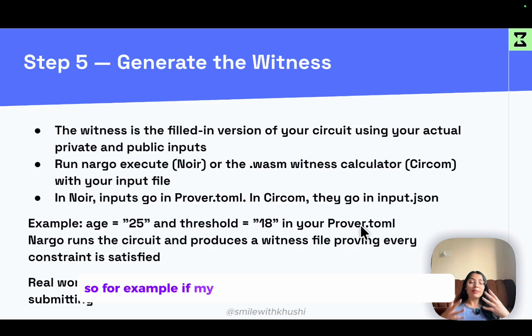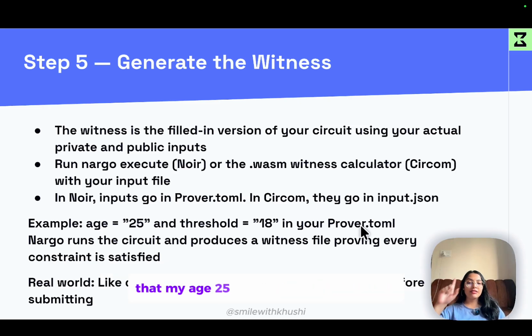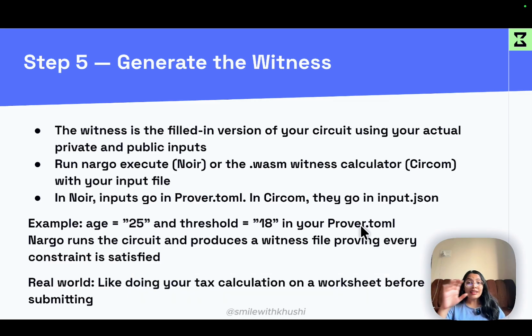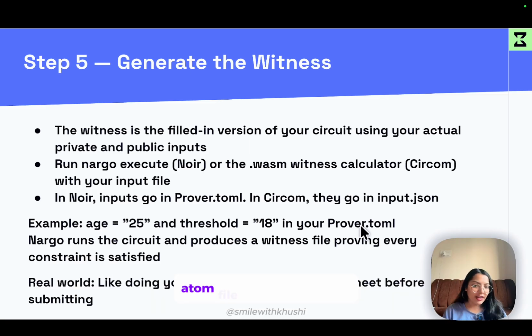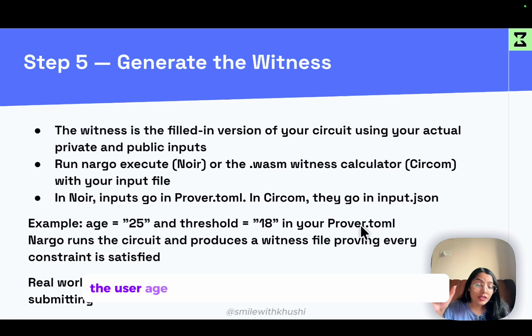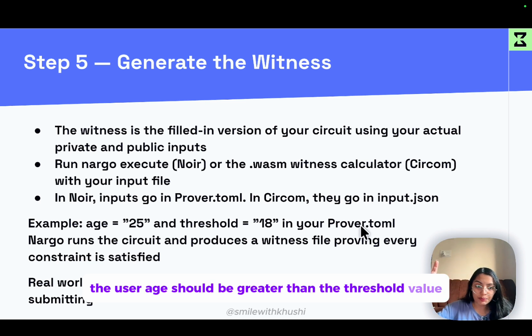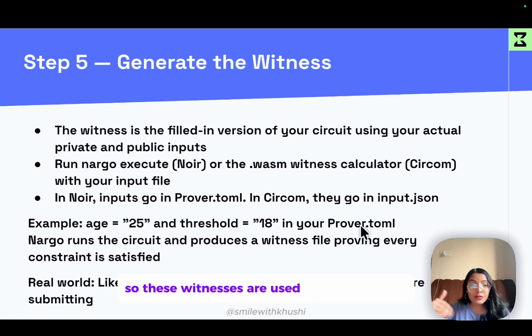So for example, if my program talks about age verification, that my age 25 should be greater than 18, then I'm going to share these 25 and 18 values in the Prover.toml file, so that while the circuit runs, there is a check performed that my logic says the user age should be greater than the threshold value. So these witnesses are used for the checking.